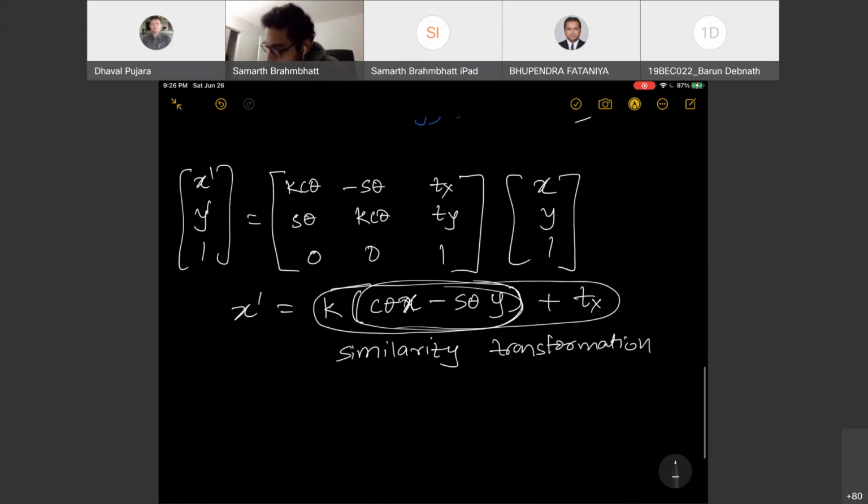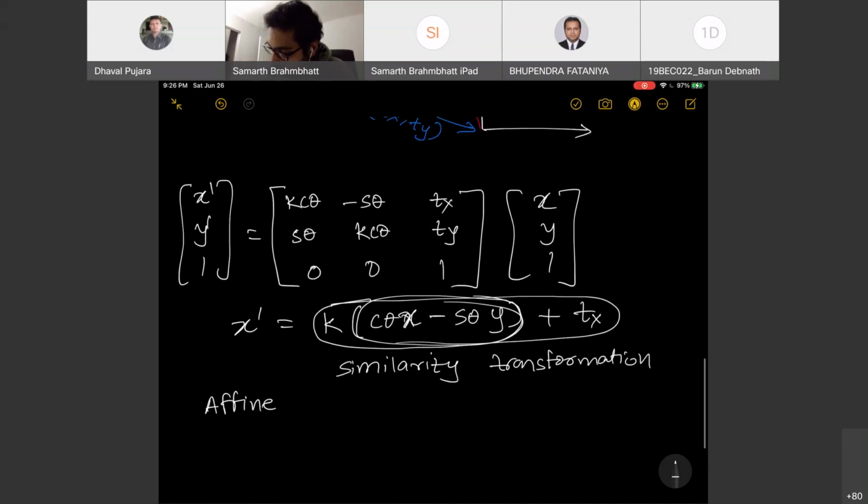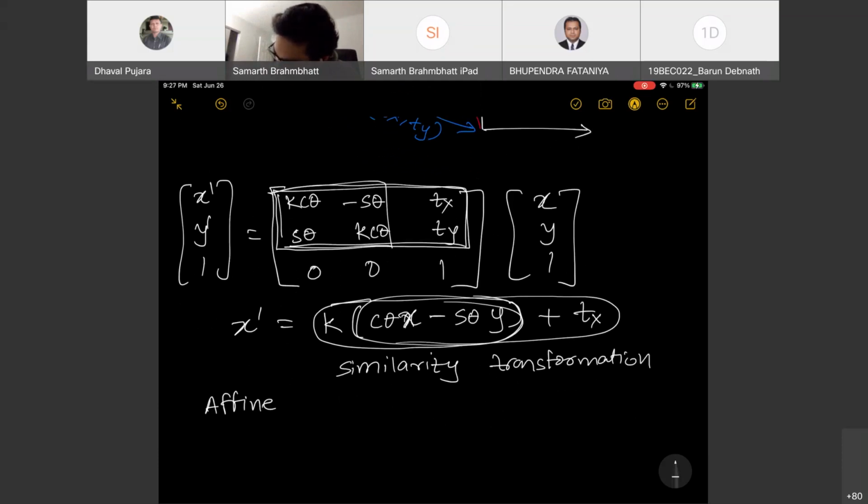Okay, and then similarly we can have what is called affine, where this part does not need to have this cos theta sin theta form. It can just be any numbers. So that means you have any numbers in this whole matrix, so that has 6 parameters.